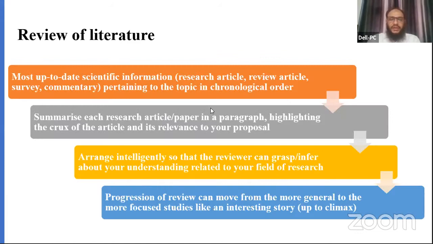Review of literature is another component of a proposal. I have mentioned it in a top-down approach: you have to gather the information in chronological order, from the past to the present or present to the past, but we have to analyze the data of the last 5 years or 10 years in a chronological way.